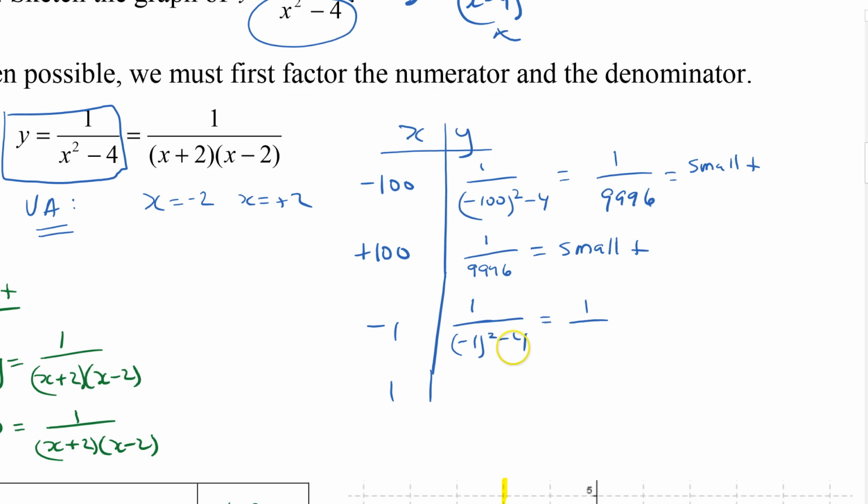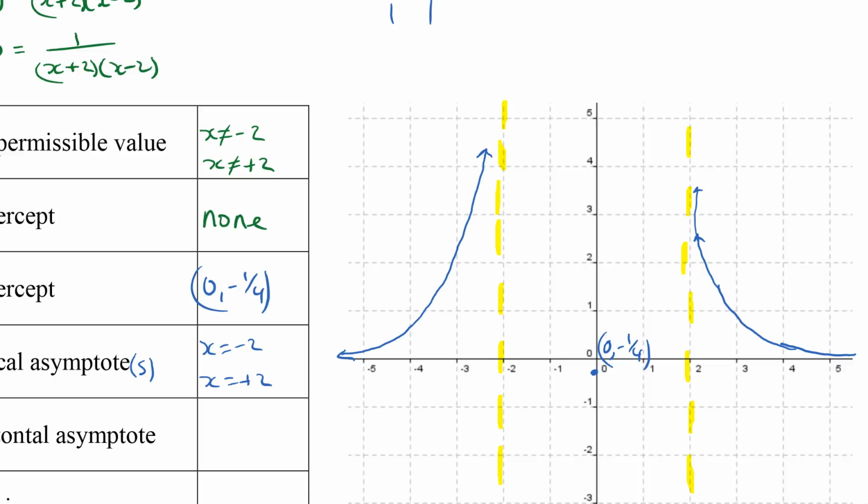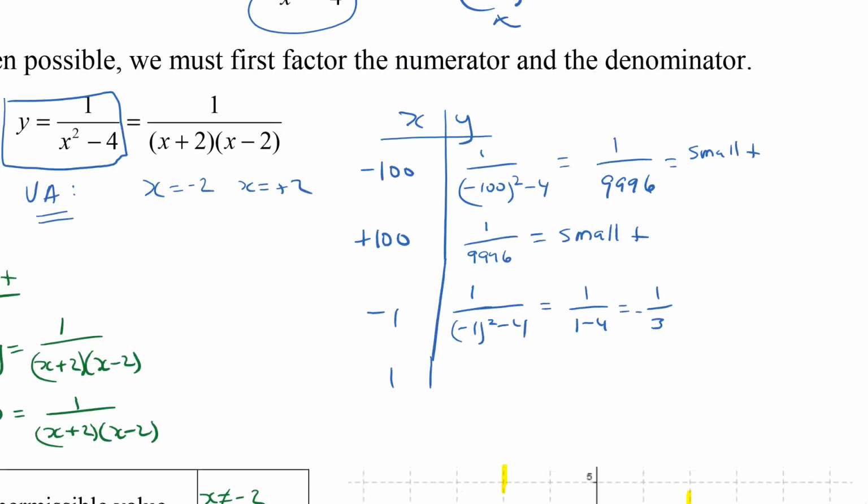That's equal to 1 over 1 minus 4. So that's equal to 1 over -3. So it's -1/3. So when x is equal to -1, y is equal to -1/3. So it looks a bit like this. So -1, -1/3. When x is equal to +1, and because of that squared, we're going to get exactly the same number.